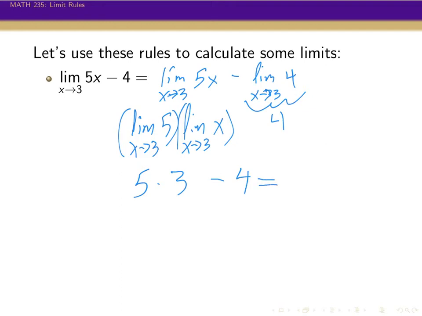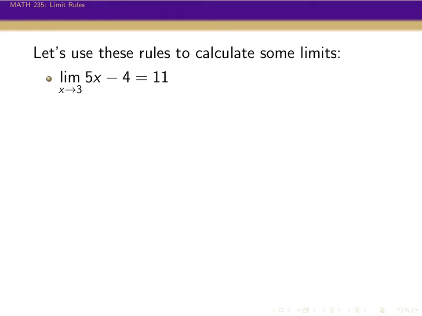So 5 times 3 is 15, minus 4 gives us 11. So using this arithmetic, we can break this down by the subtraction, pull apart the 5 and the x, do each of these limits separately, get the values, and then put them back together to get the answer. So the limit of 5x minus 4 as x goes to 3 is 11. And there we have it.